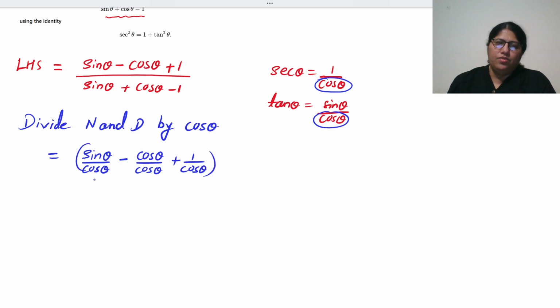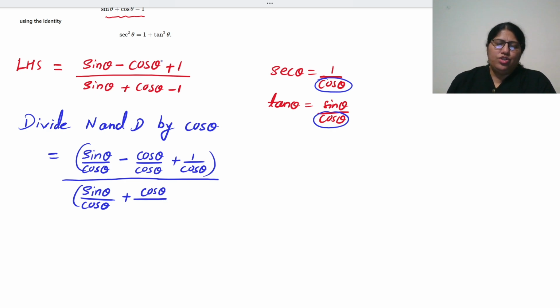Remember, every term, not only the first term. Similarly, whatever we do in the numerator, we have to repeat in the denominator. So every term is going to get divided by cos theta, right? So this is the first step.